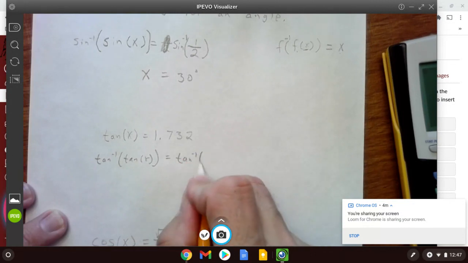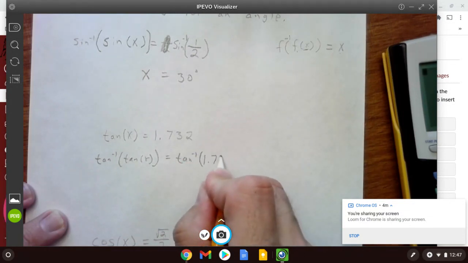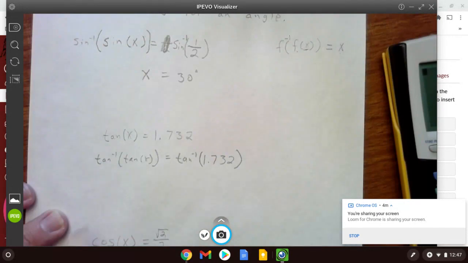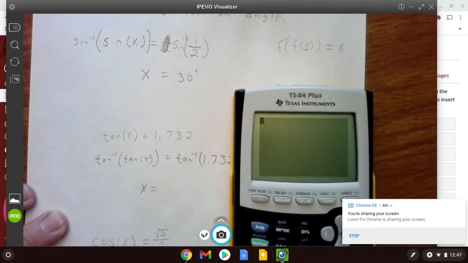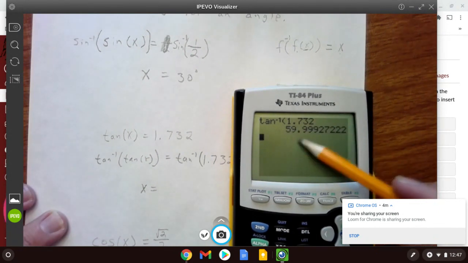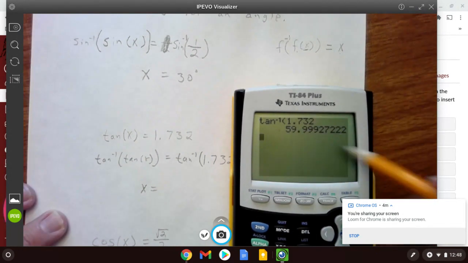So you're doing the inverse tangent of 1.732. Over here you just get x. So inverse tangent 1.732, and that equals 60 degrees. Just kind of round it here, because I rounded off the 1.732.